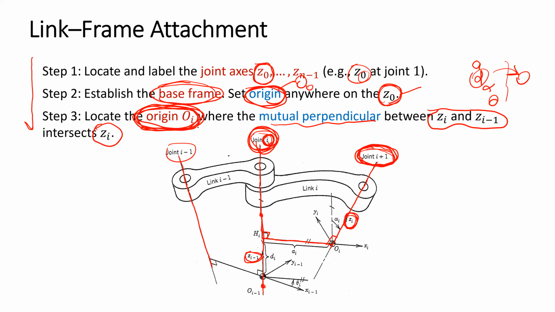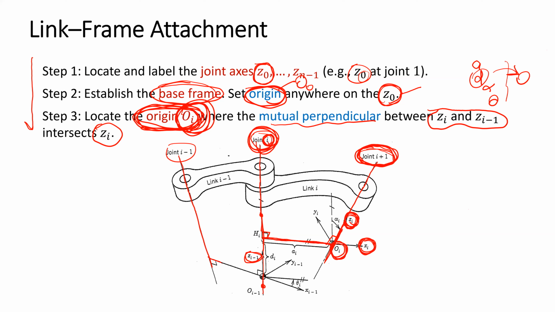The origin of frame i needs to be the place where the mutual perpendicular intersects with the joint axis. So at this point, you need to put the origin of the frame. The mutual perpendicular will be the x-axis, and the position where the x-axis intersects with the z-axis will be the origin of that frame.